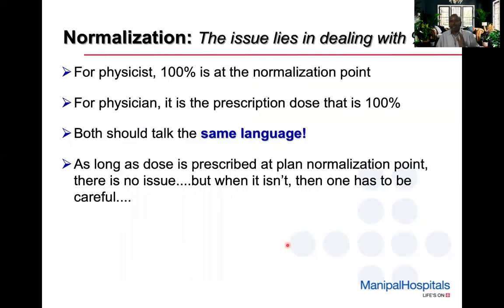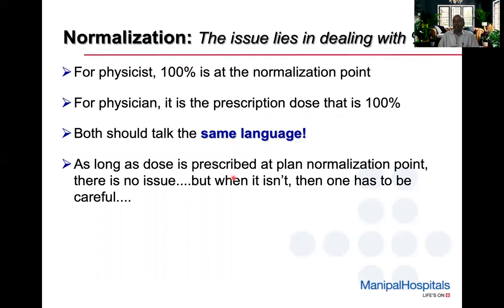So if you have to standardize the planning approach, you have to be on the same platform. For the physicist, when he says 100%, what he means is 100% at the normalization point. For the physician, it is the prescription dose that is 100%. Both should talk the same language. Both should be on the same platform.